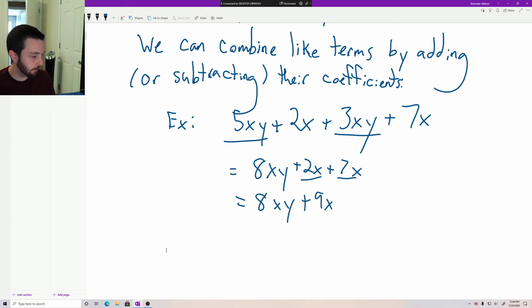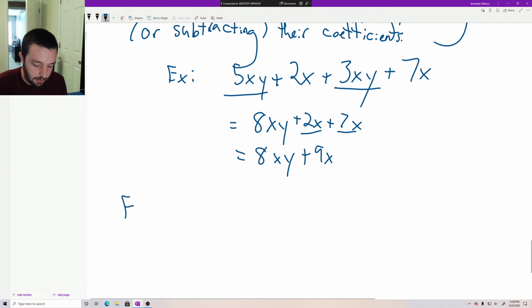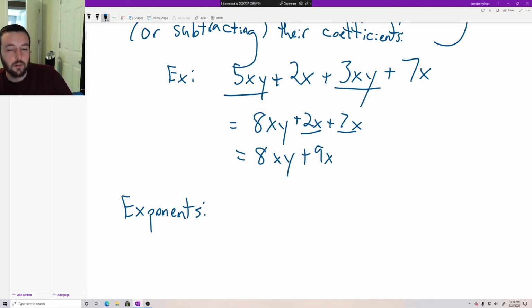All right, let's talk about exponents now. Okay, I said we would do that next. Exponents. So exponents are shorthand for multiplication in the same way that multiplication is shorthand for addition.